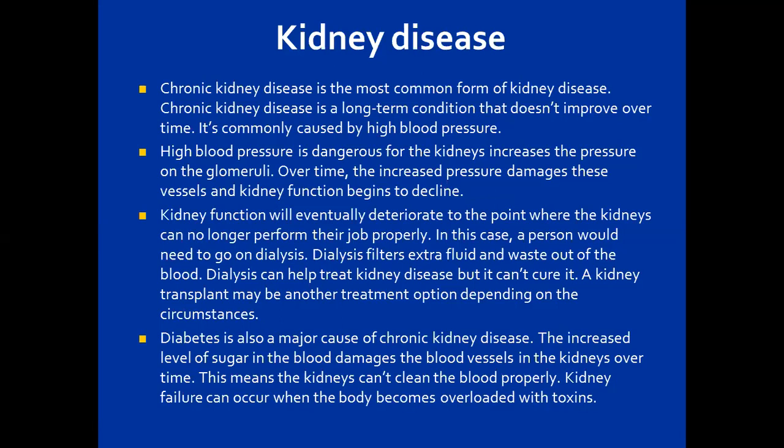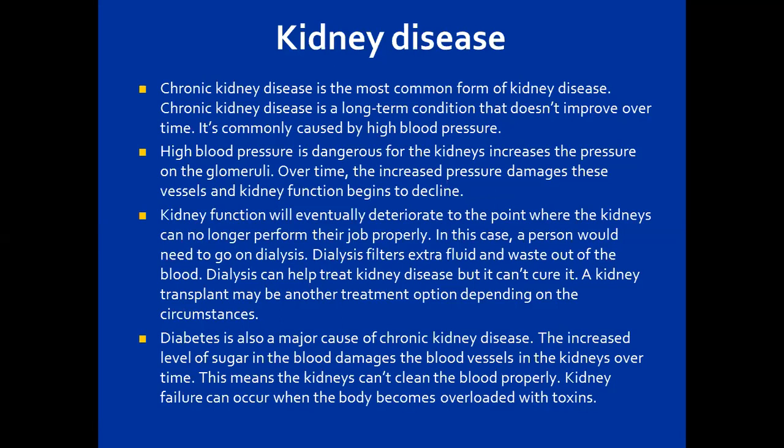So chronic kidney disease is a long-term condition that doesn't improve over time, and it's commonly caused by high blood pressure. And what happens is high blood pressure increases the pressure in the glomeruli. And over time, it causes the tiny little capillaries in the glomeruli to burst.